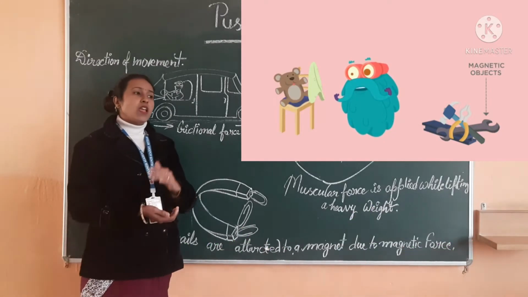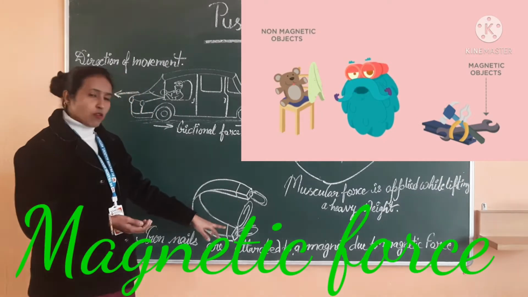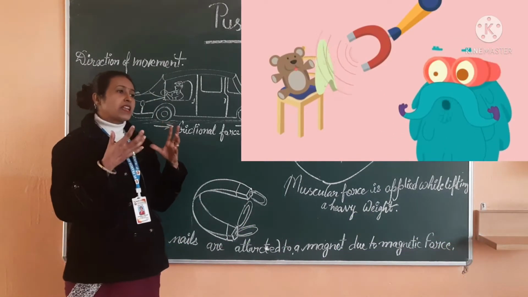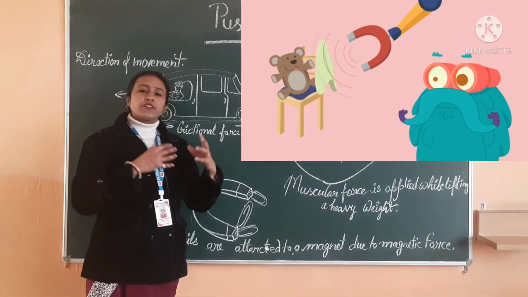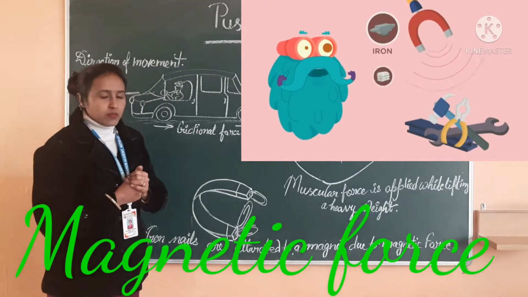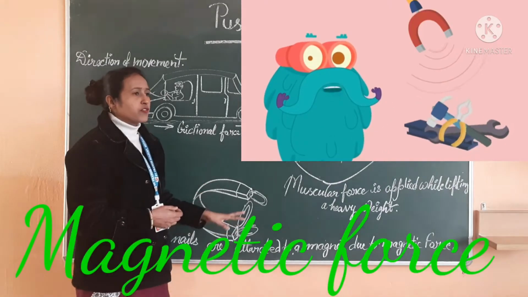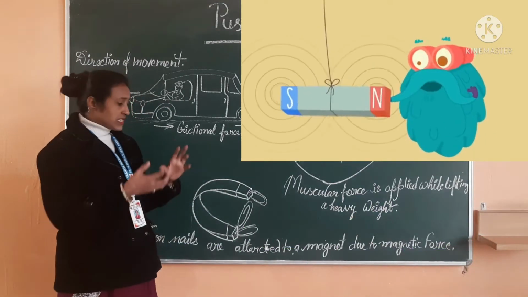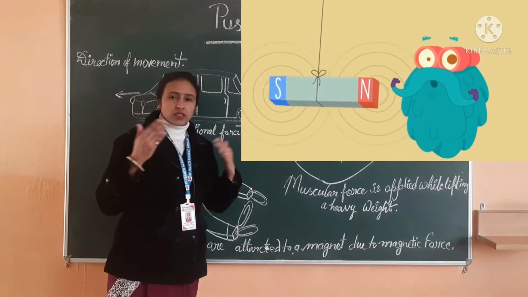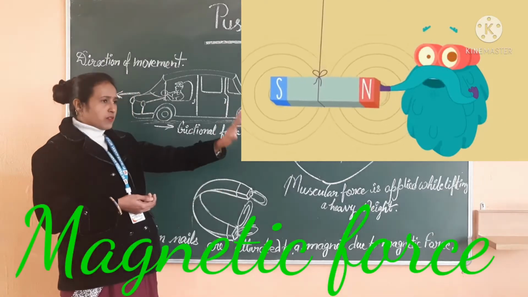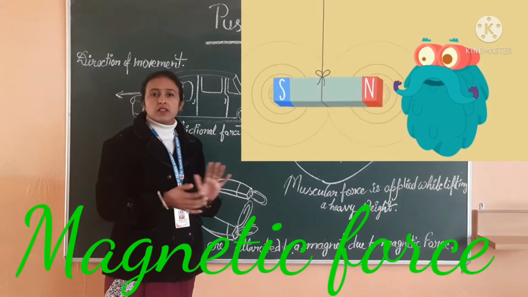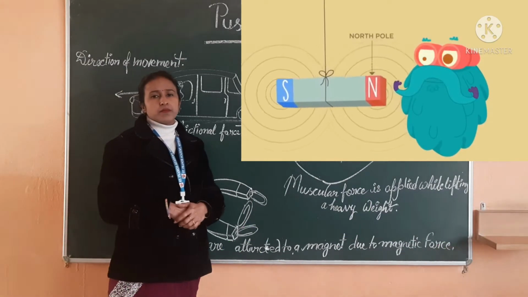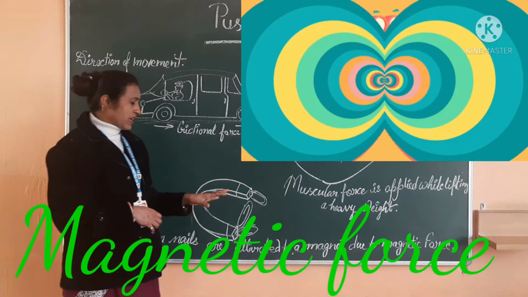A magnet has two poles, the south pole and the north pole. With two magnets, opposite poles are attracted to each other, meaning the south pole attracts the north pole of the other magnet. But the same poles repel each other: a south pole and another south pole repel each other. So that is the magnetic force.